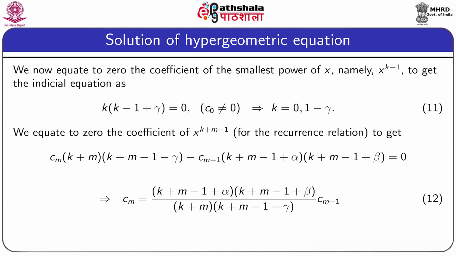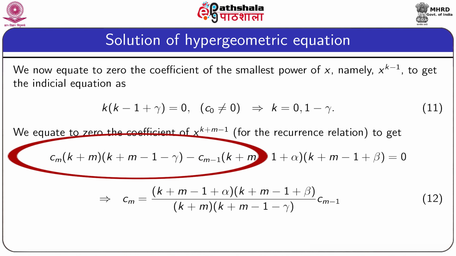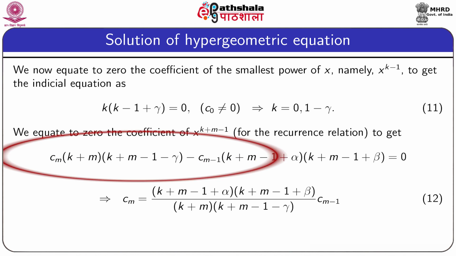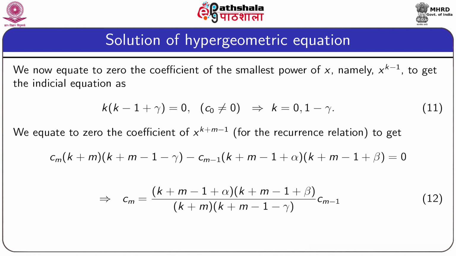To obtain the recurrence relation, we equate to 0 the coefficient of x to the power k plus m minus 1, and we will get C_m (k+m-1+gamma) minus C_(m-1) (k+m-1+alpha)(k+m-1+beta) equal to 0.